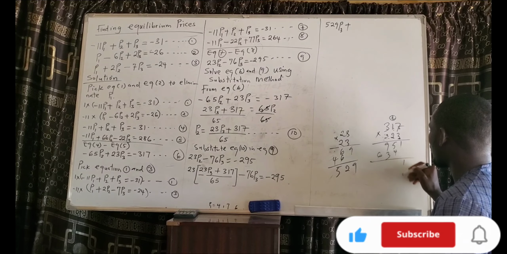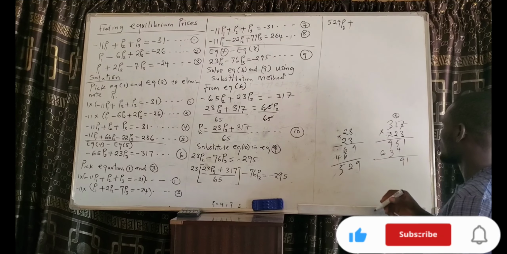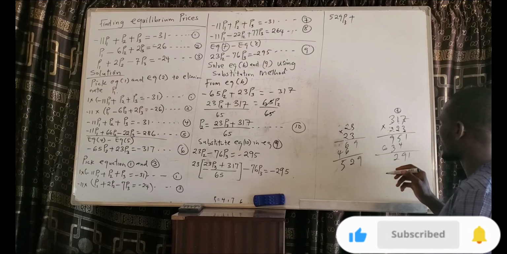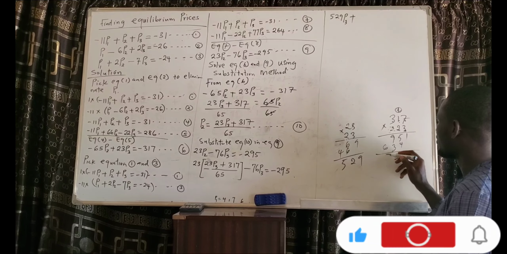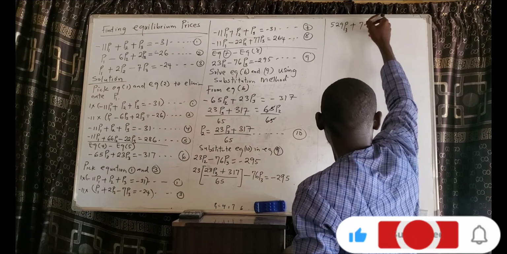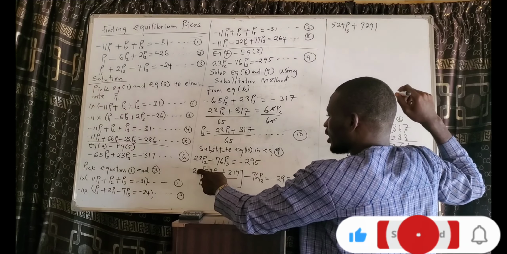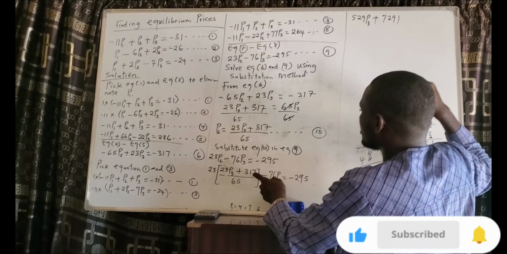So here we have 1, 9. This will give us 12. Write 2, carry 1. This will give us 7. So what we have here is 7291. That is 23 times this.